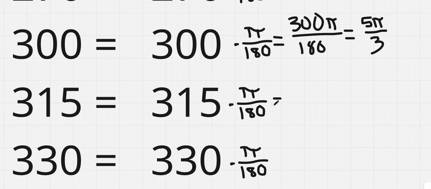Our next degree of measure is 315. As a radian, it will be 315 pi over 180, which has a greatest common factor of 45.